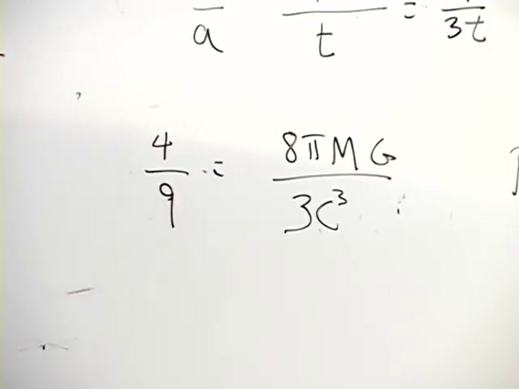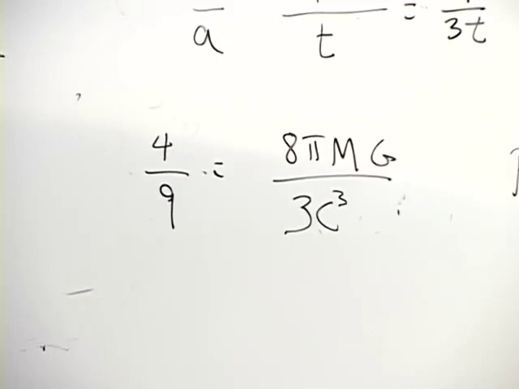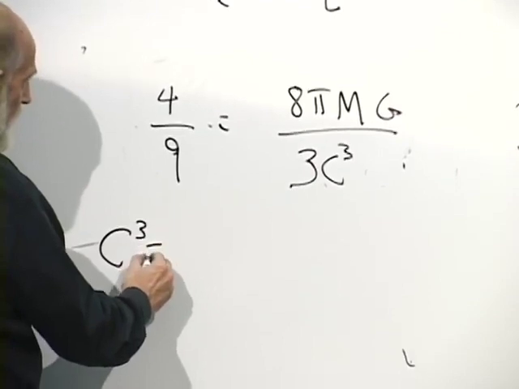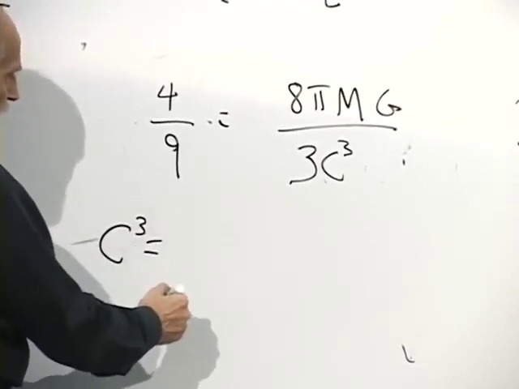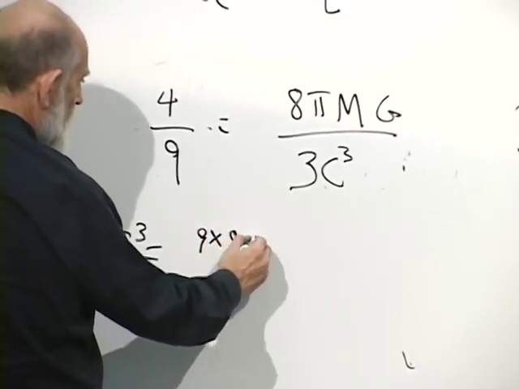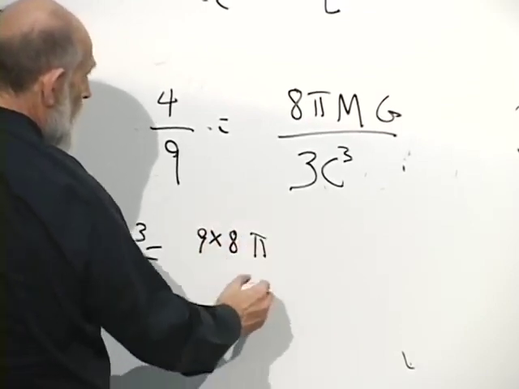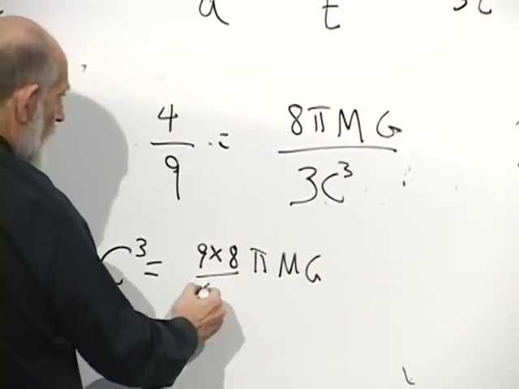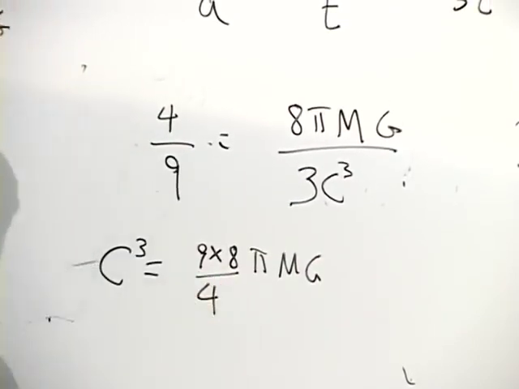And now I can solve this equation for the unknown constant c. What is it? c cubed is equal to 9 times 8 pi mg multiplied by 9 divided by 4. Have I left any?